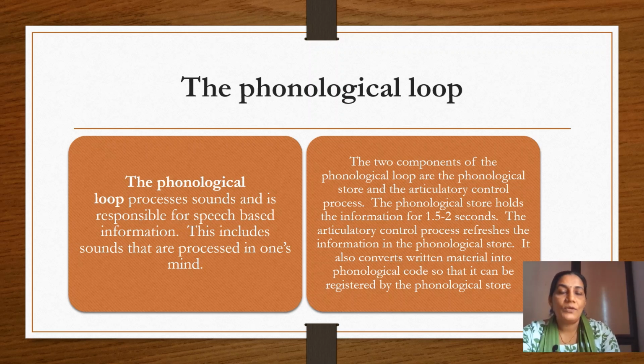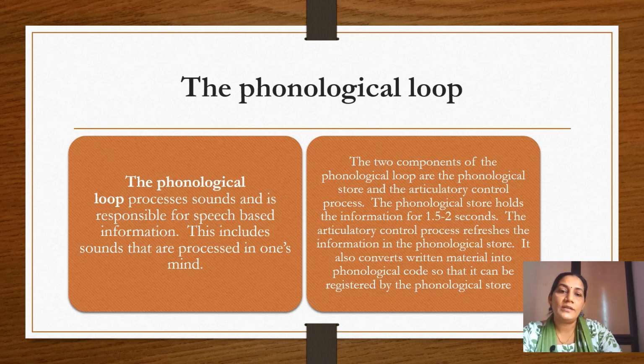The second subunit is the articulatory control process, which refreshes the phonological store, because the phonological store can hold information only for 1.5 to 2 seconds. After that, it should be refreshed.